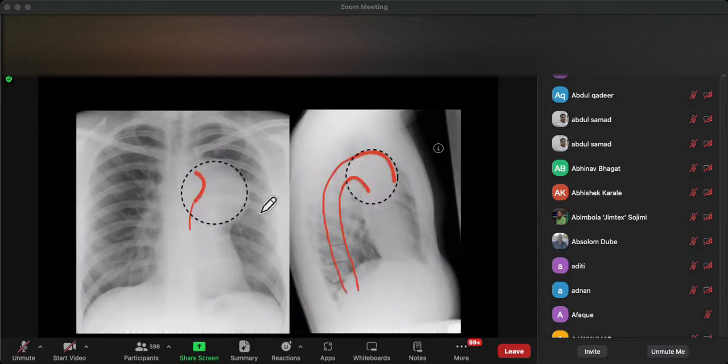Oh, sorry, I didn't realise I'd already drawn something to demonstrate this. Okay, so this is a cyst involving the anterior mediastinum. It turned out to be a dermoid cyst.